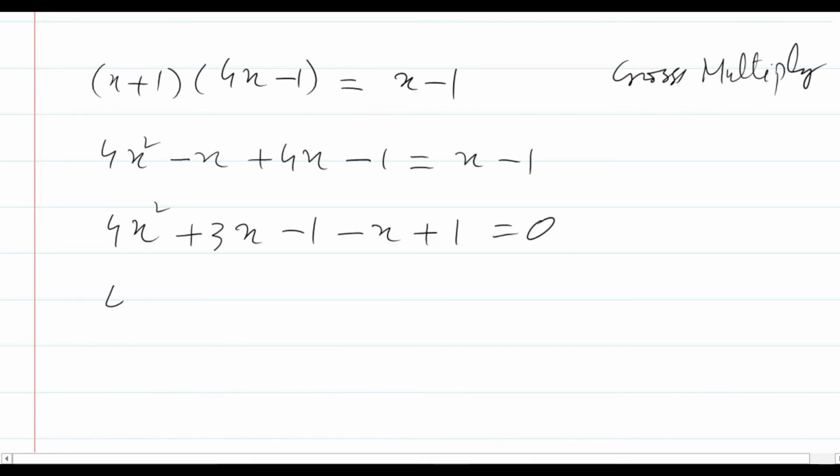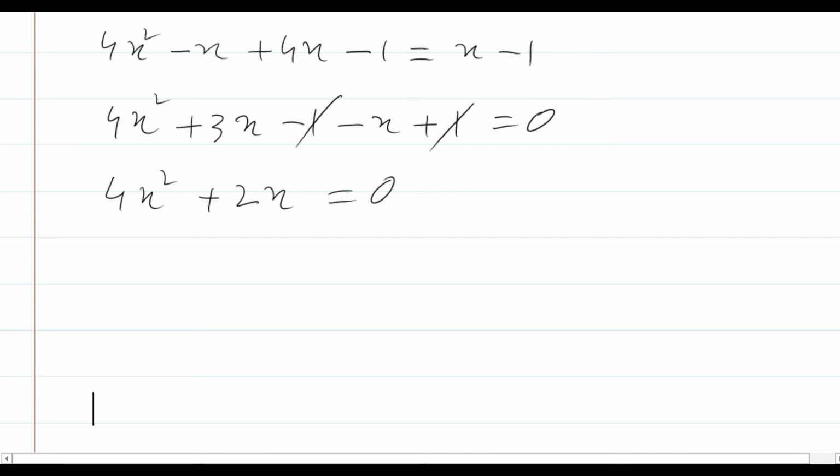Further on simplification you will get 2x, this will cancel away, equal to 0. And now you can take common as 2x and you are left with 2x plus 1 equal to 0.